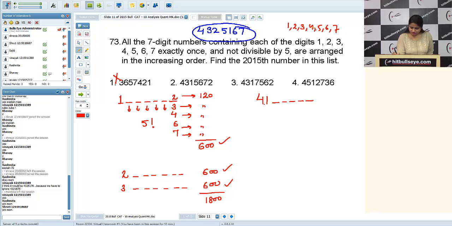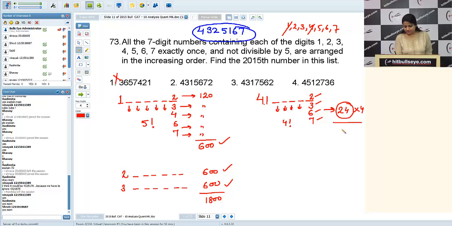For the last place, how many choices are available? It can be 2, 3, 6, 7, because the number shouldn't be divisible by 5. For the other places, how many choices are available? They are 4 factorial, so there are 24 numbers corresponding to everything. That's why I'm multiplying this by 4. So these 96 numbers are out.